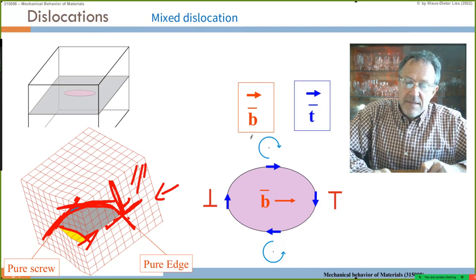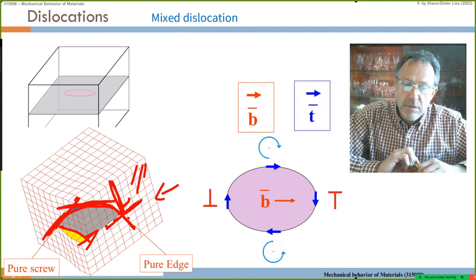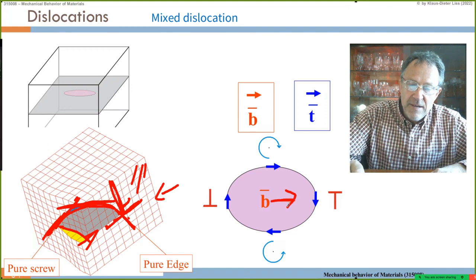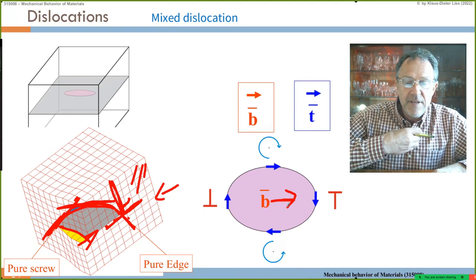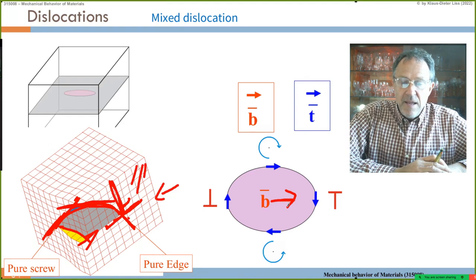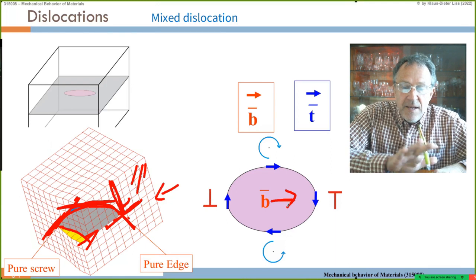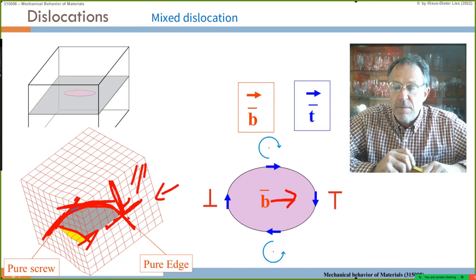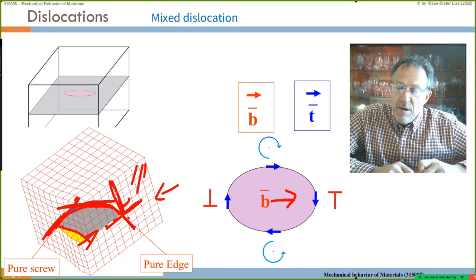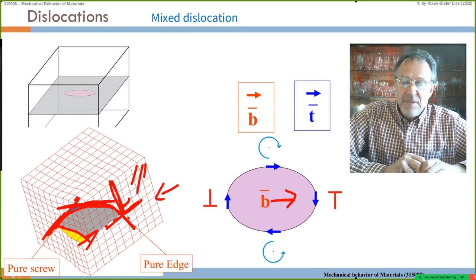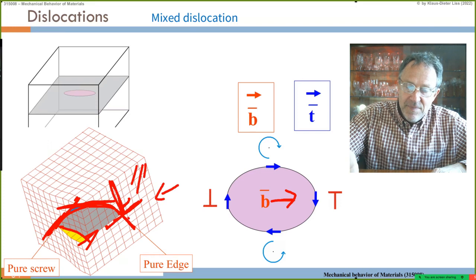This leads to the concept of dislocation loops. So let's assume we have a Burgers vector here, and we have that plane which we cut along this ellipse and then just displace this pink part by the Burgers vector B. So we have dislocation lines.